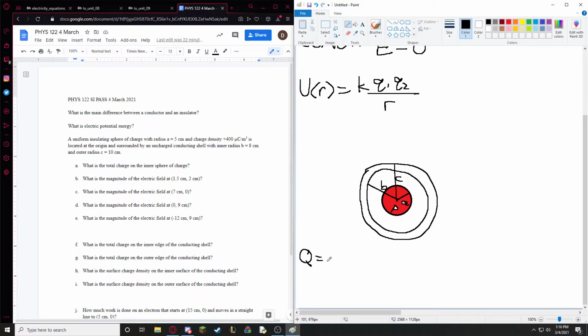We're given the charge density and the radius. How do we get from the charge density to the total charge?